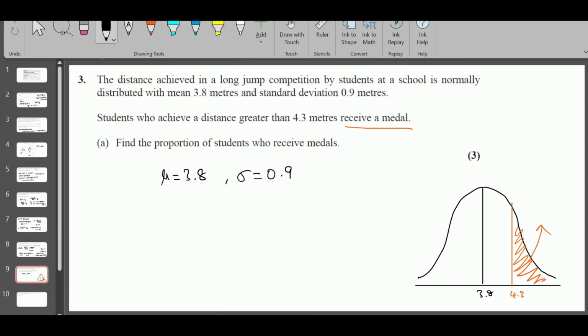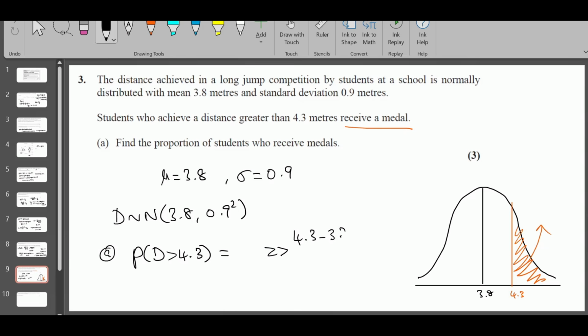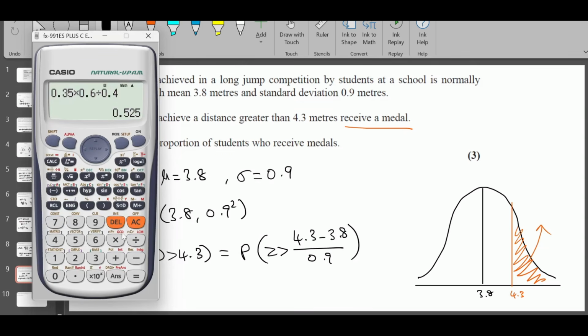So they are talking about long jump, the distance. So I'm going to use D follows normal distribution of mu comma sigma square. Part A, we know P of D is greater than 4.3. We need to find this probability. Standardize it. Z greater than 4.3 minus 3.8 over 0.9. So let's calculate this. 4.3 minus 3.8 divided by 0.9, 0.56.